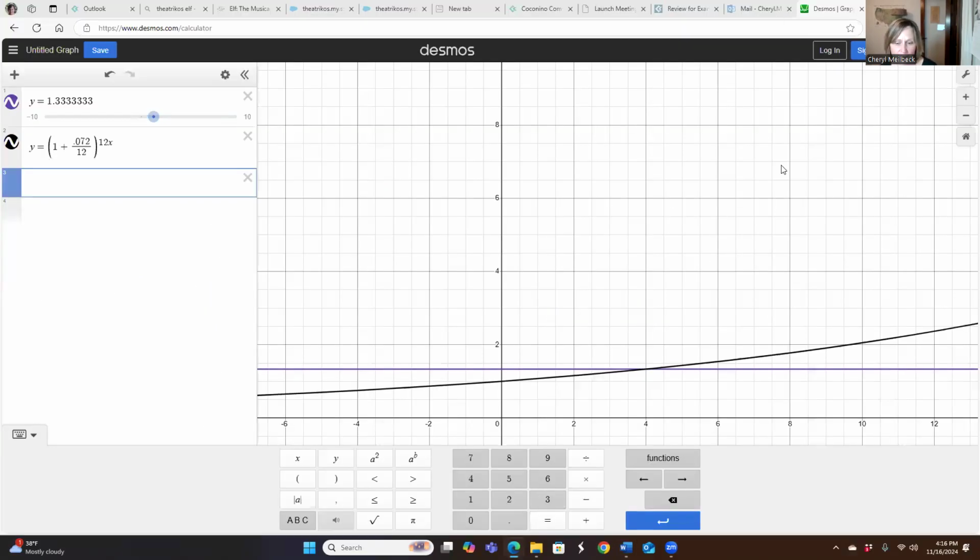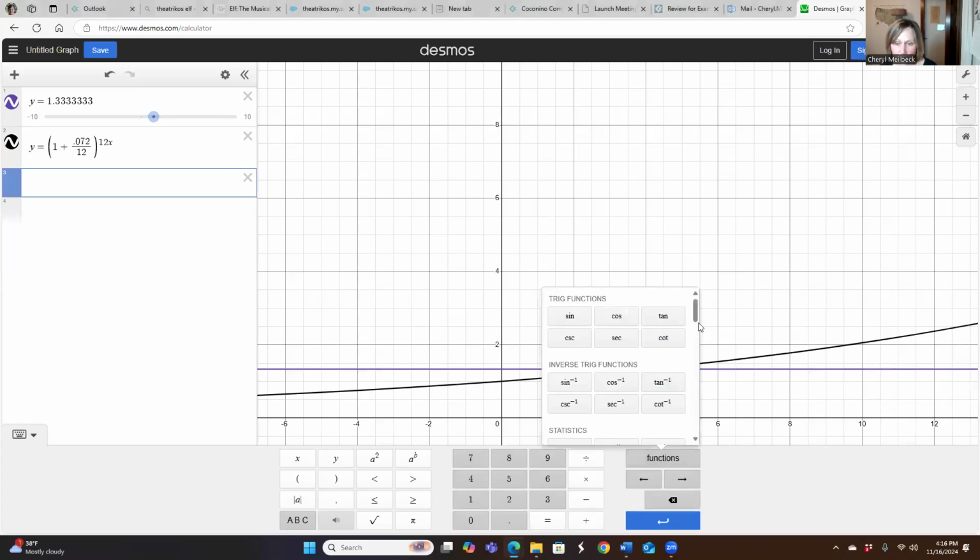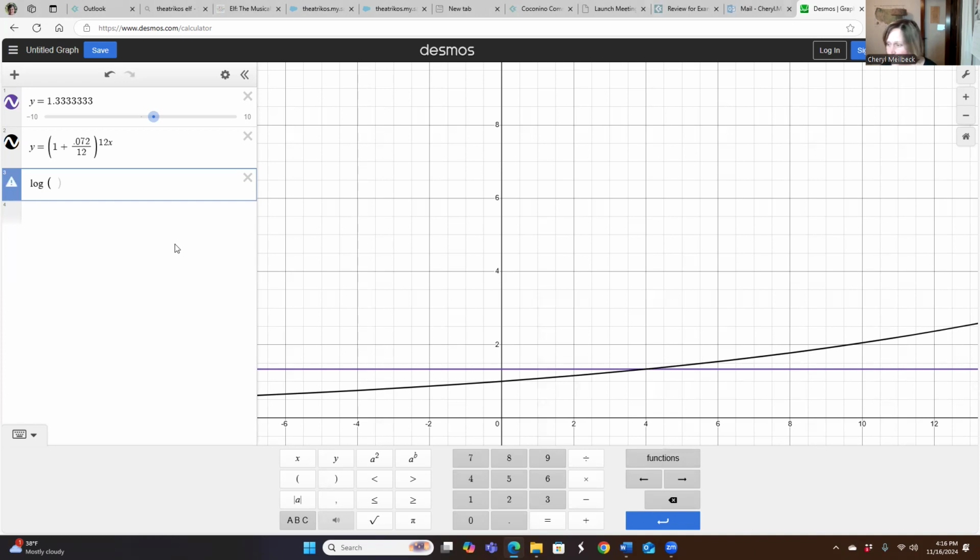So a reminder, when we're doing logs of a different base other than 10 or e, it's useful to use the graphing mode, because there we have the log base a. So our base here is that weird number, 1 plus 0.072 divided by 12.